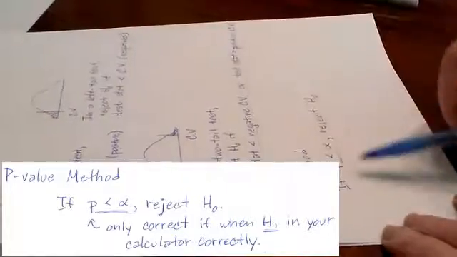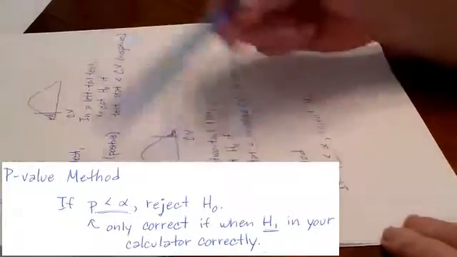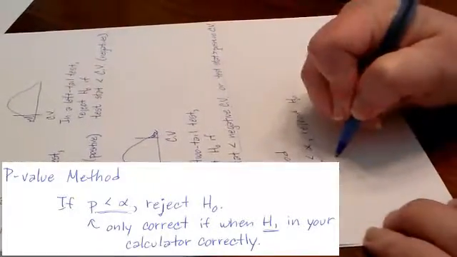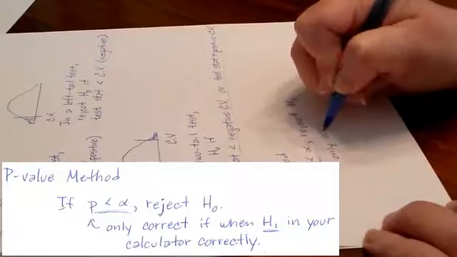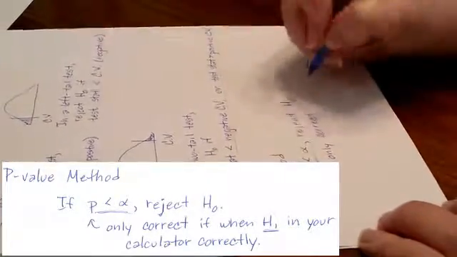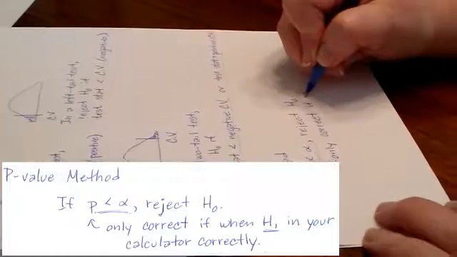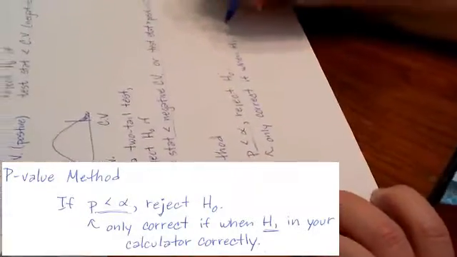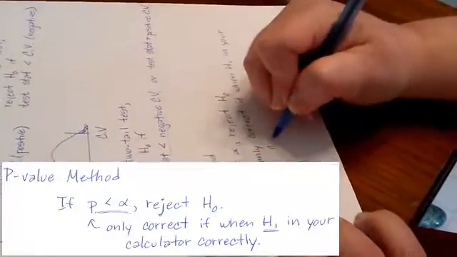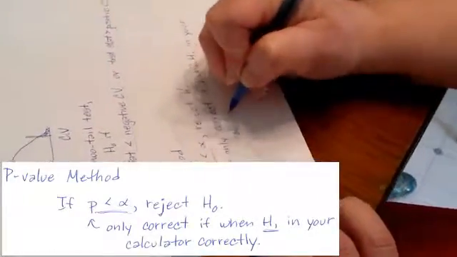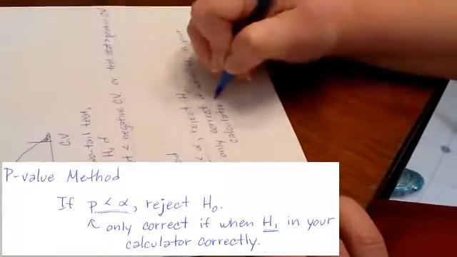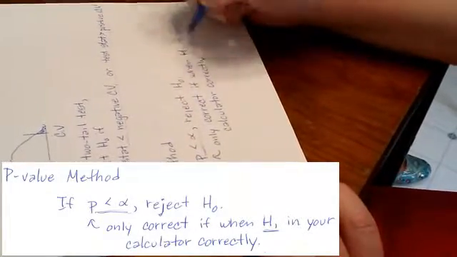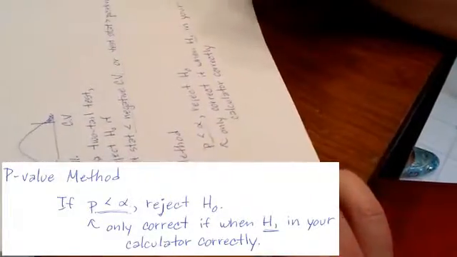So this method looks really attractive, right? This is a lot easier to remember than all of this. But this p-value is only correct if you've entered it correctly in your calculator. Only correct when you put H1 in your calculator correctly. So if you're going to use this method, make sure you know how to use your calculator.